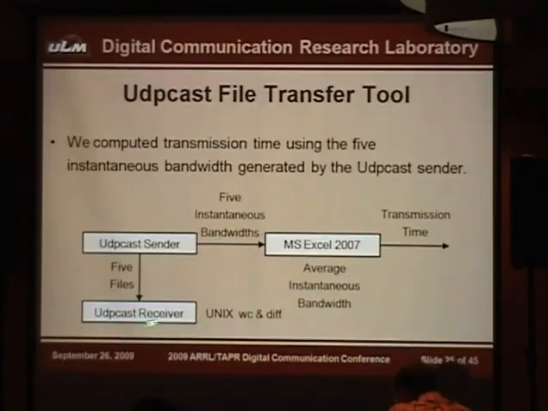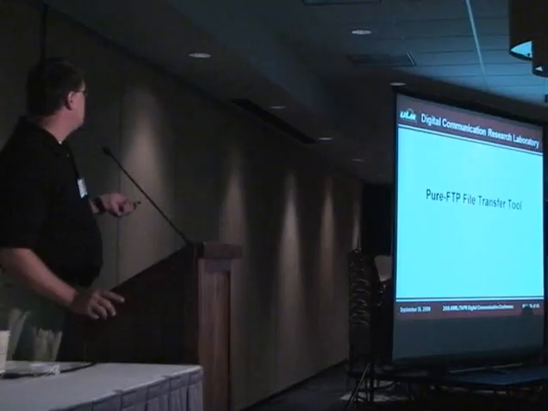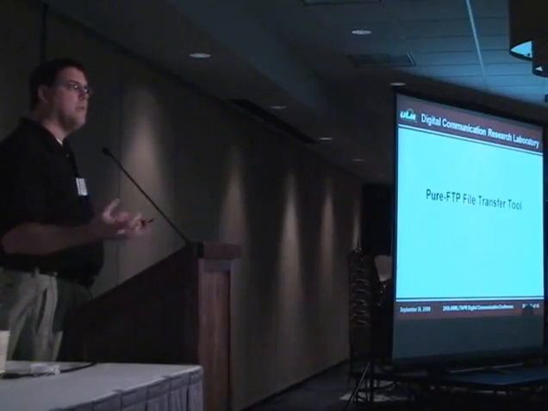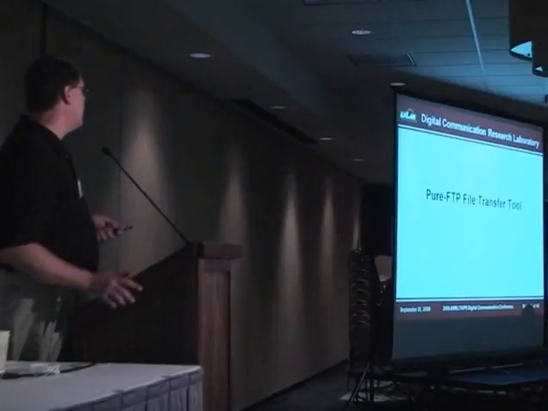I'm pushing the files to the receivers. I record the instantaneous bandwidths for each of those file transfers and put them into a spreadsheet. Then I average those bandwidths, and using those average instantaneous bandwidths, I calculate transmission time using the equation in the paper. So that was how we captured and configured the data for UDPcast.